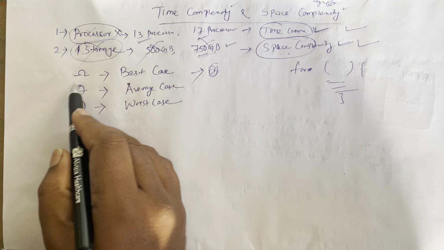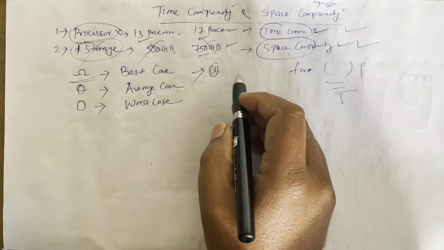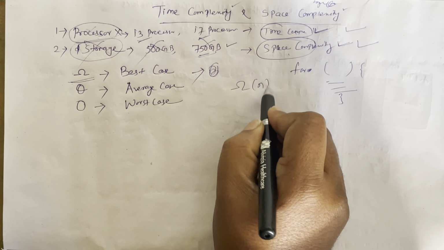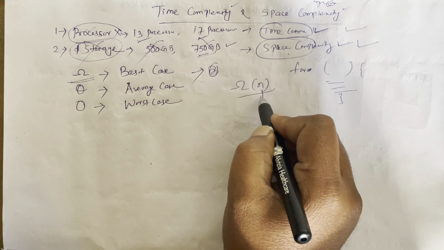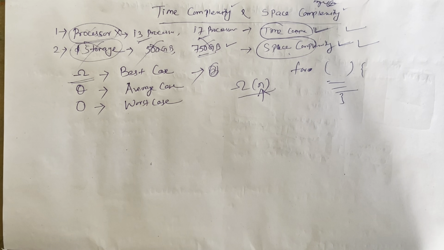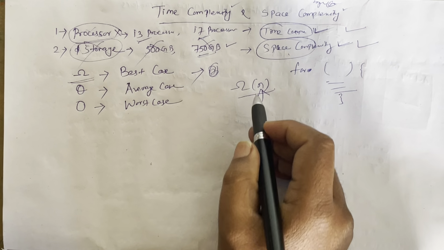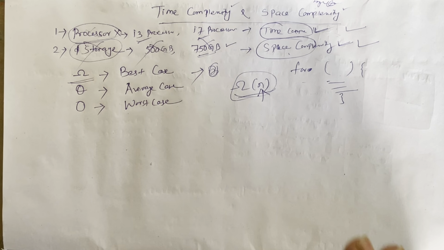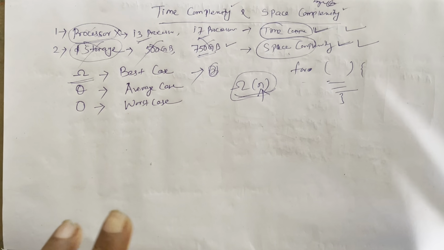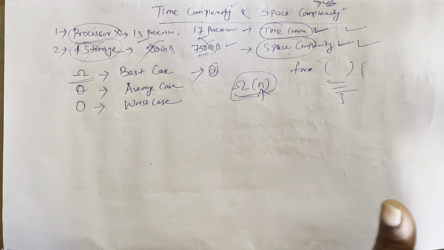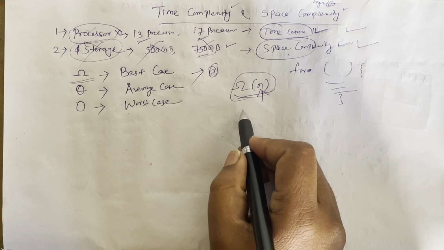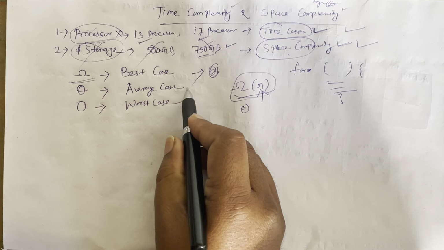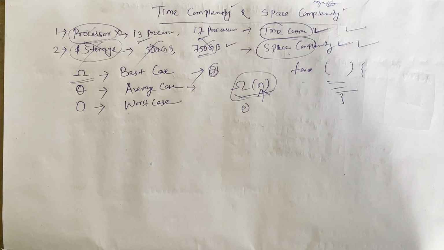That is omega notation, omega of n, where n is a variable. So omega tells that in the best case I can get it in constant time, order of 1. And theta tells the average case, so on average how long it takes.